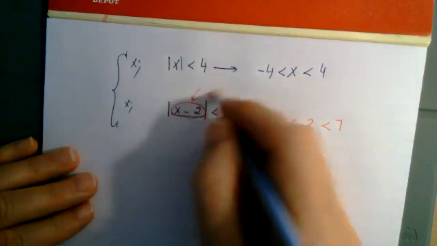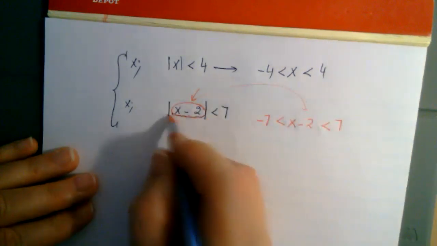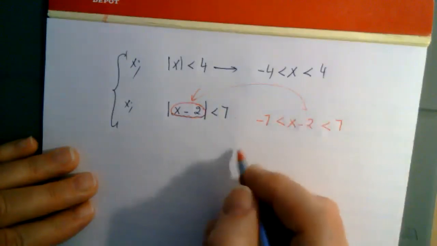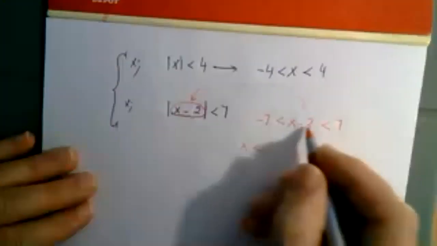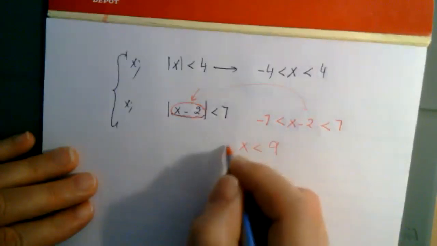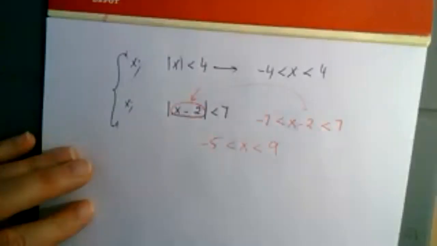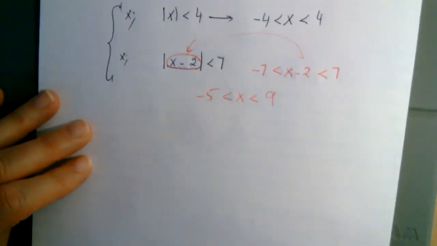This whole piece has to be between -7 and 7. And now I am done. If this is the case, it means x has to be, I added 2 both sides, 9 and -7 plus 2, -5.